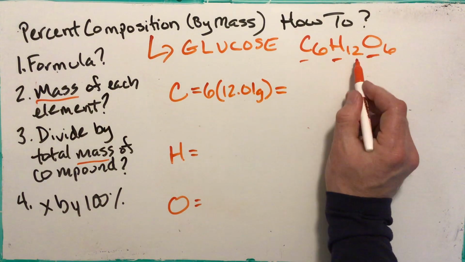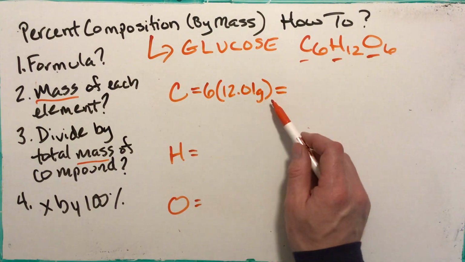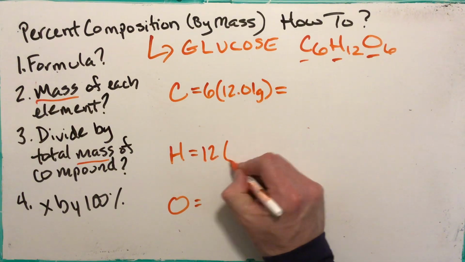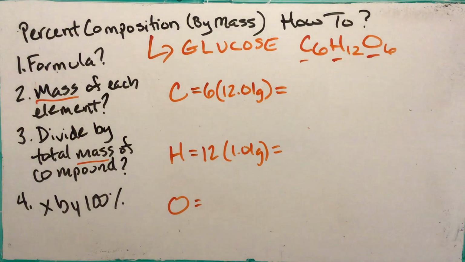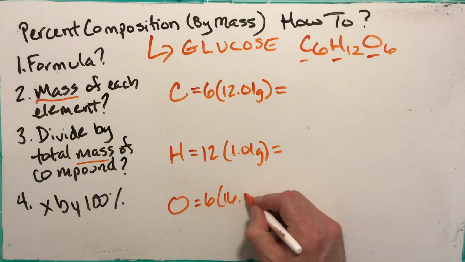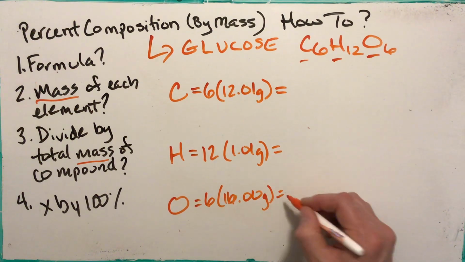Hydrogen, right, because now we're figuring out the mass of each element. We just did the formula. Now I've got to get the mass of the carbon. Well, there's 6 carbons, so I've got to do that multiplication. Hydrogen, well, there's 12 of them that weigh 1.01 gram apiece. All right, and oxygen, I've got 6. Go to the periodic table. Its mass is 16. 6 times 16 grams.